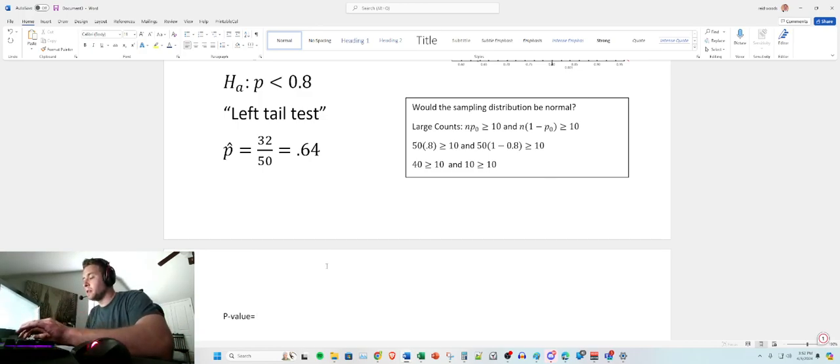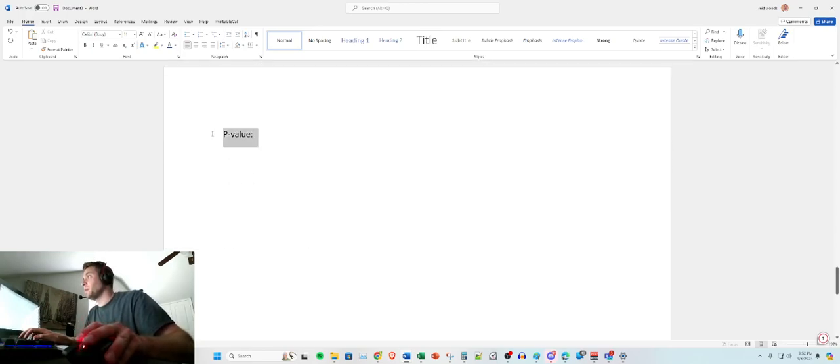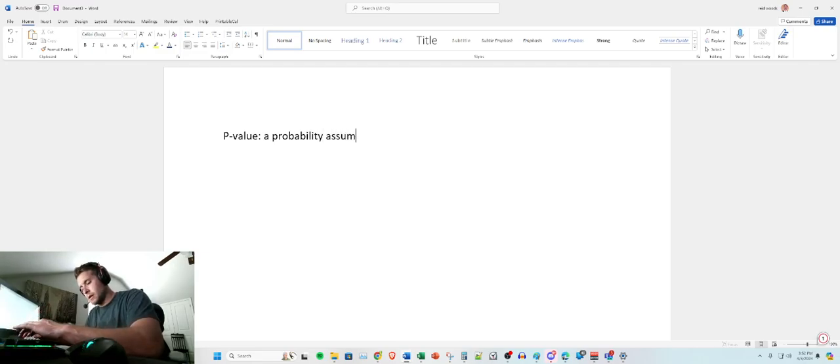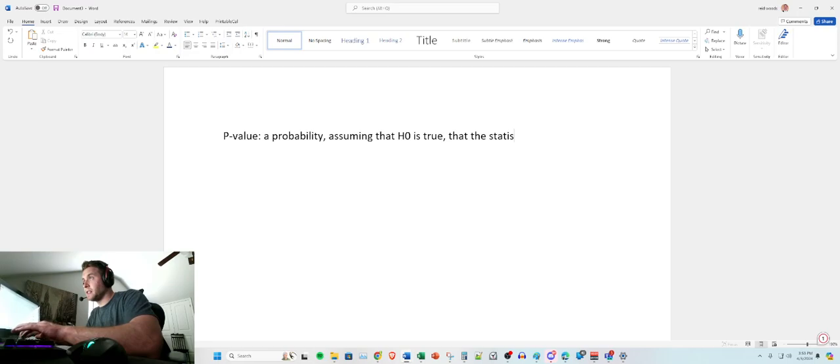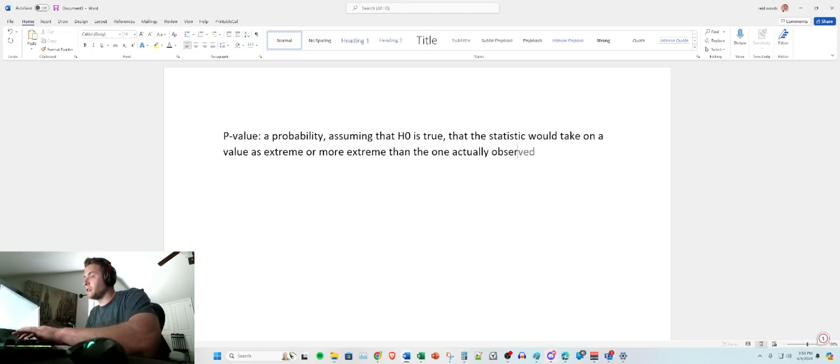A p-value is a probability, assuming that the null is true, that the statistic would take on a value as extreme or more extreme than the one actually observed.